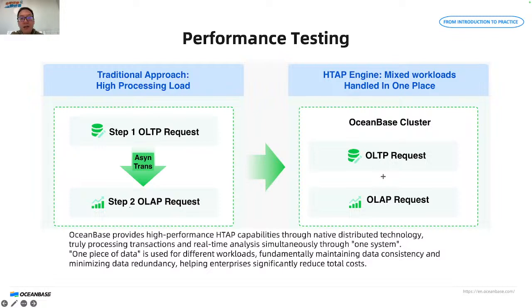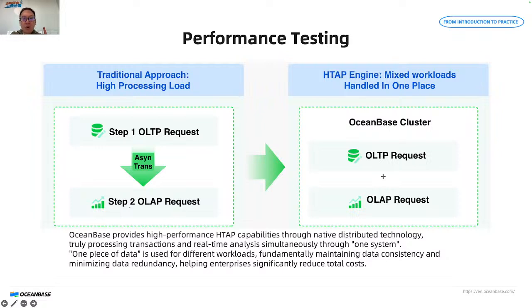The database divides the business into two classic scenarios, OLTP and OLAP. Enterprises generally use ETL to regularly transfer data from the OLTP database to the OLAP database. This approach brings two problems. One is delay, and the other is complexity.